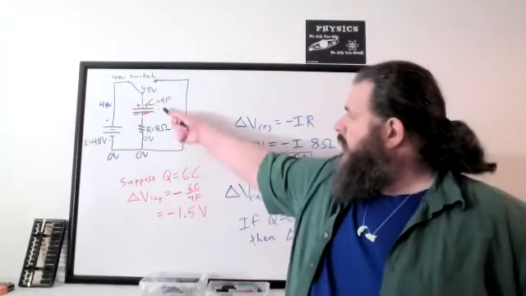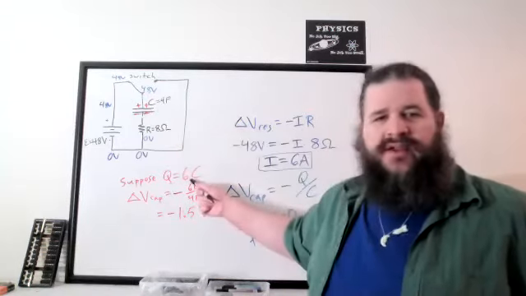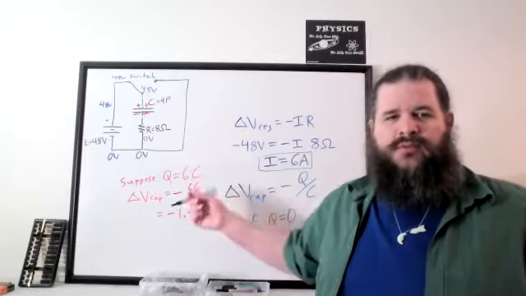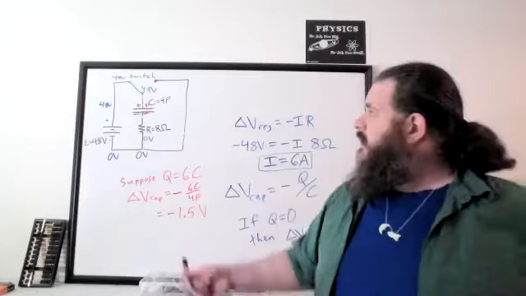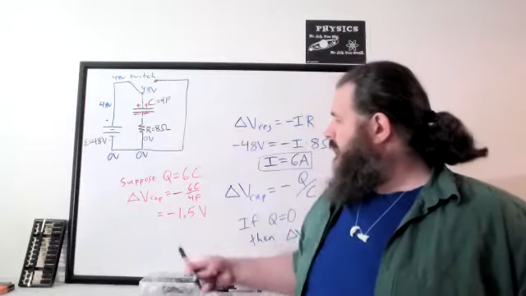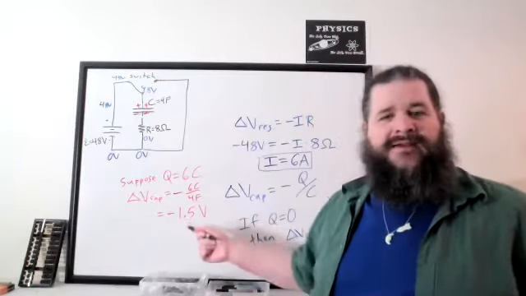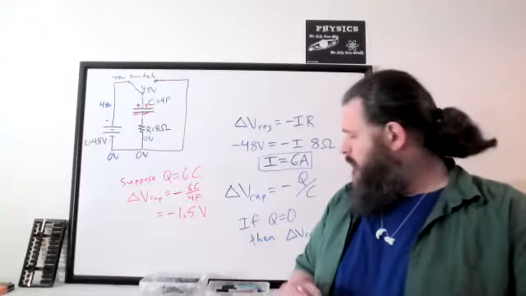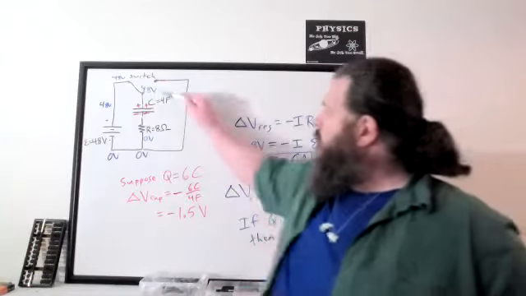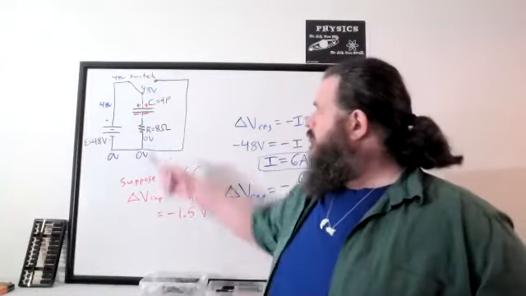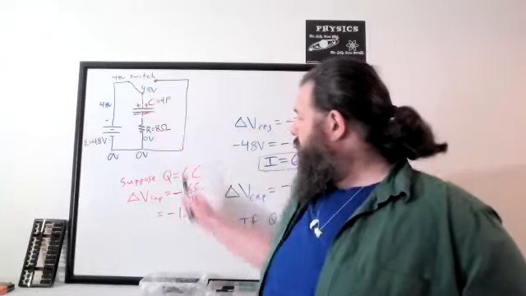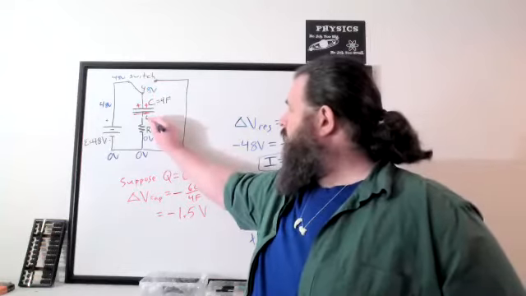So that means now with the capacitor charged to, let's say, 6 coulombs, and this is kind of arbitrary, just assuming we're waiting long enough that the new charge is 6 coulombs. Now the capacitor has a delta voltage of negative 1.5 volts. So that means as you go through the capacitor, you're losing 1.5 volts. So this zone should be 48 minus 1.5, that's going to be 46.5.